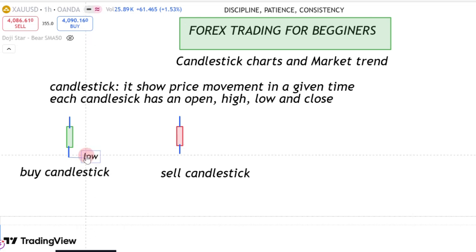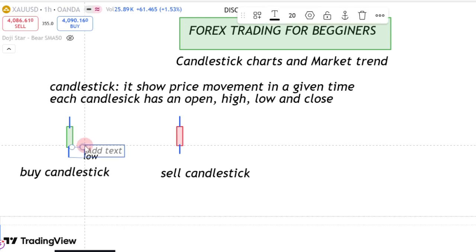When you talk about the open, you see it's going up. So the market opens from here. We call this the open.